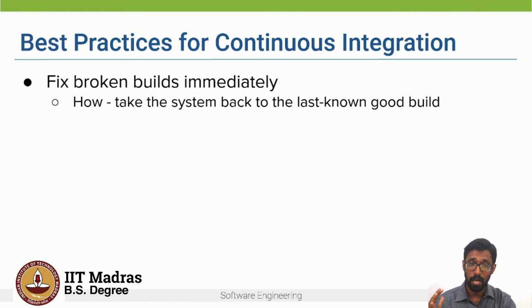Another thing is that we have to revert, or take the system back to the last known good build, so that other developers working on the system can access the correct code base and this error does not percolate to their code as well. So it's important that we roll back the system to the last known good build.